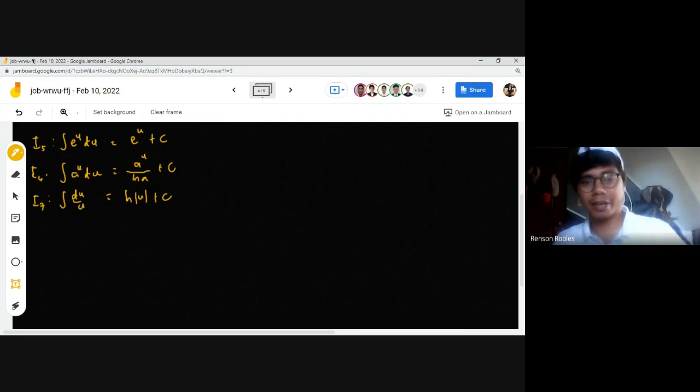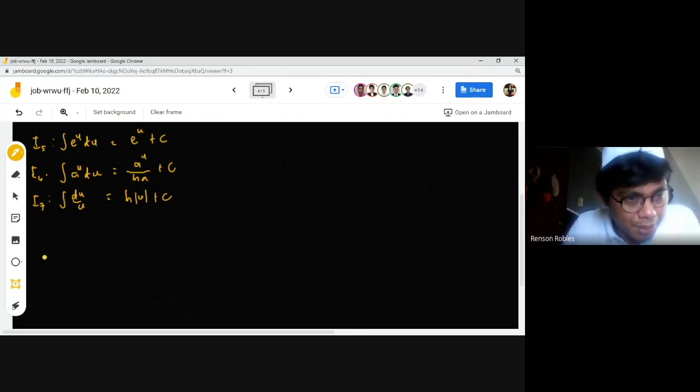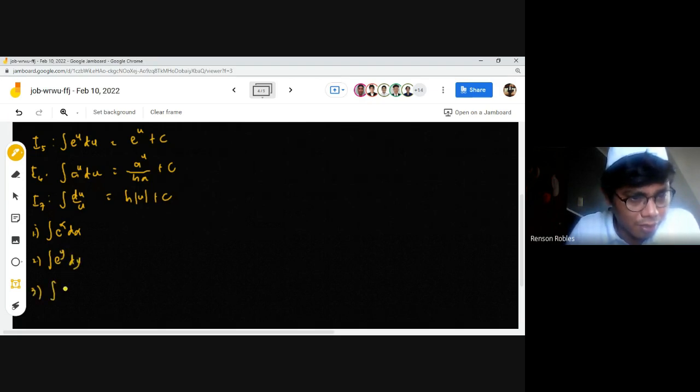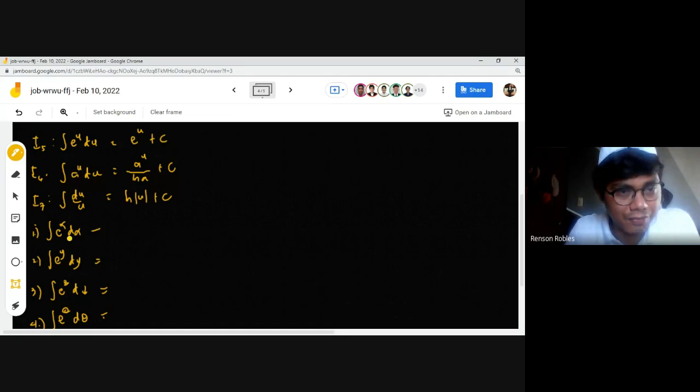I'll start with the very basic illustration. Have integral of e to the x dx, integral of e to the y dy, integral of e to the z dz, and then integral of e to the theta d theta. Okay, following the formula I5, if I just replace this by x, so palitan ko lang din siya ng x.